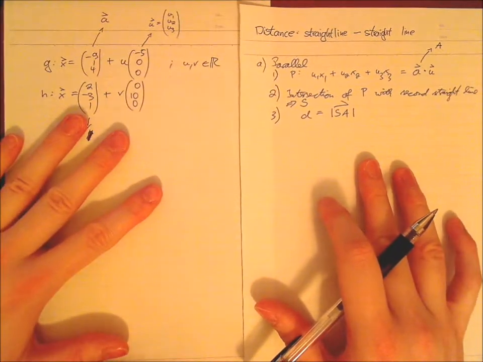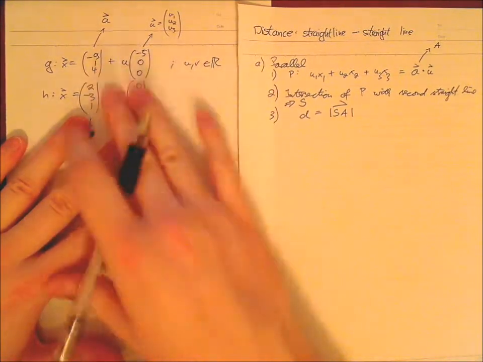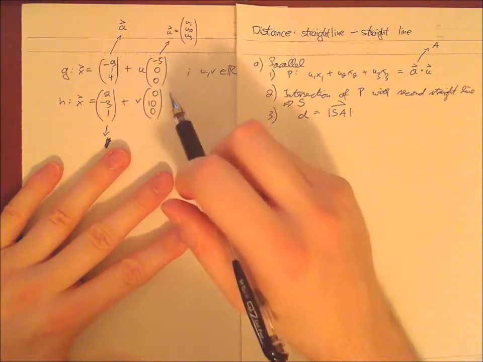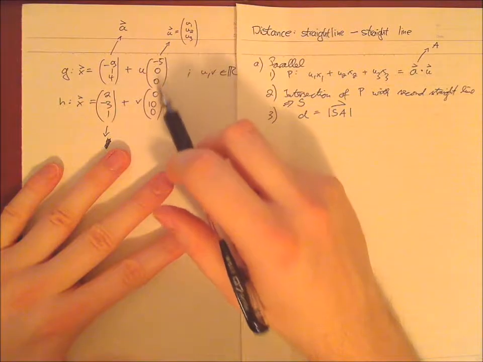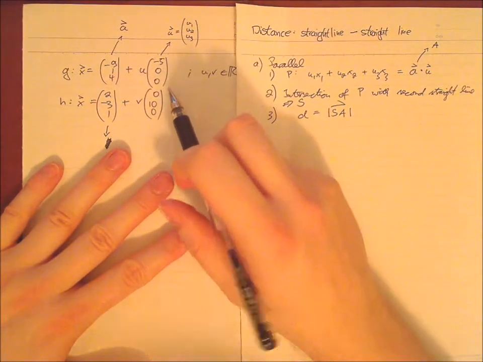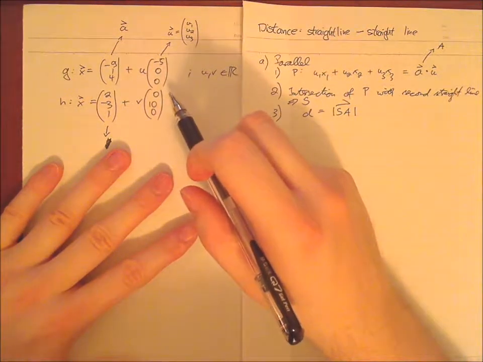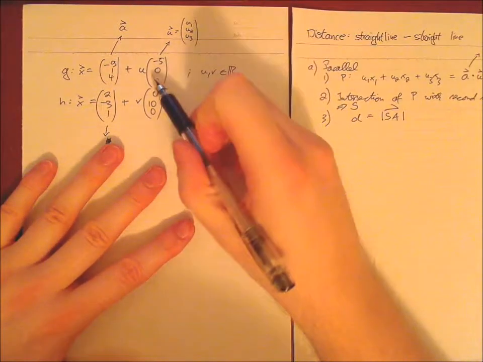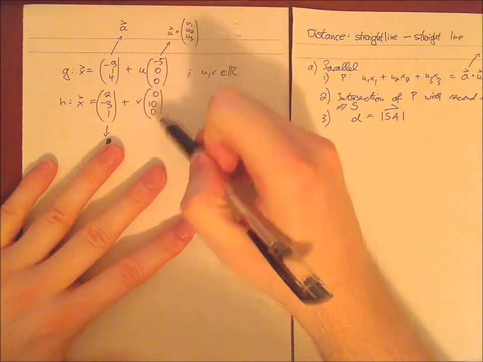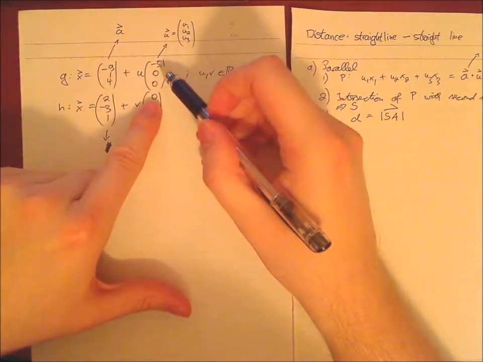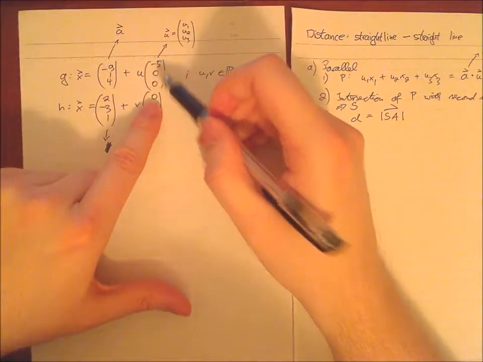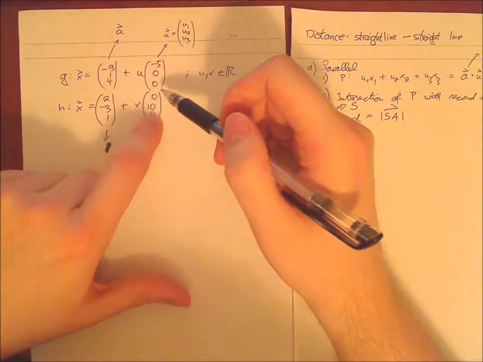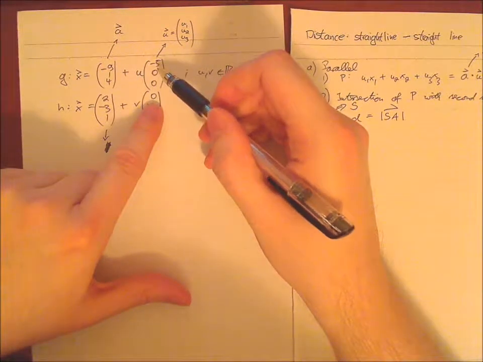But in our case, I can tell you before we start, both directional vectors, as you may see, are linearly independent. How can I see that? It's very easy in this case because we have two components which are zero, so I just have to look at the first component and I already see that both should be independent, because here's a zero, here's a number.